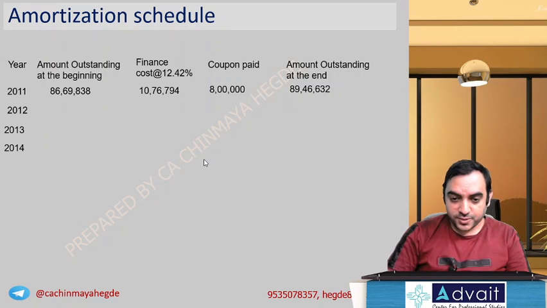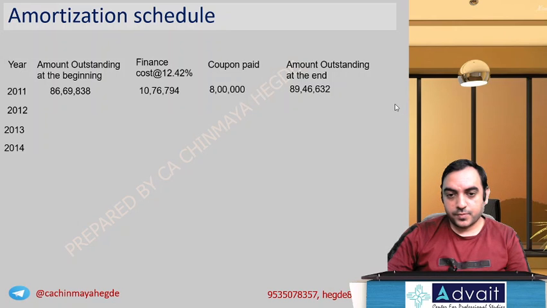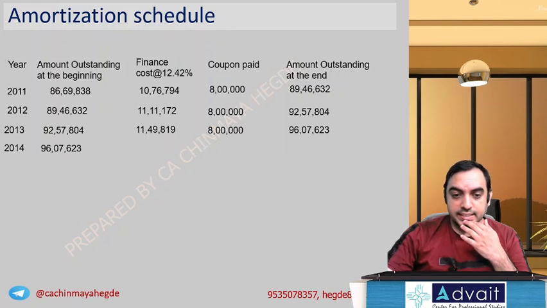Hope you're able to do it. So for 2014, it is 96,7623.